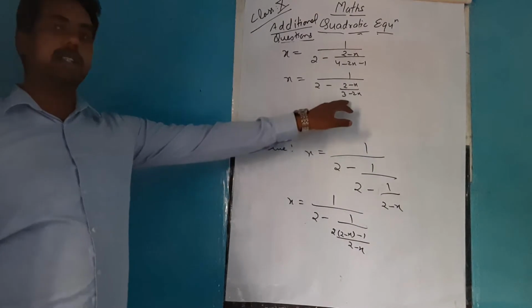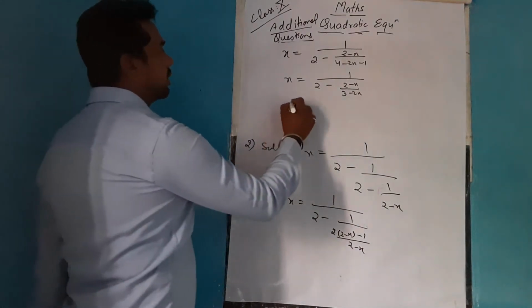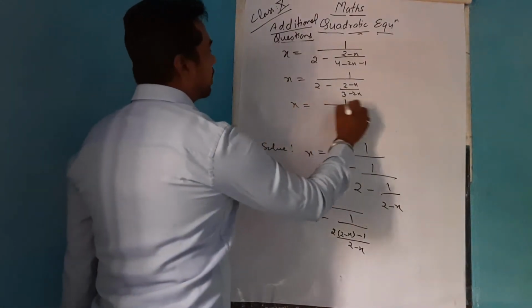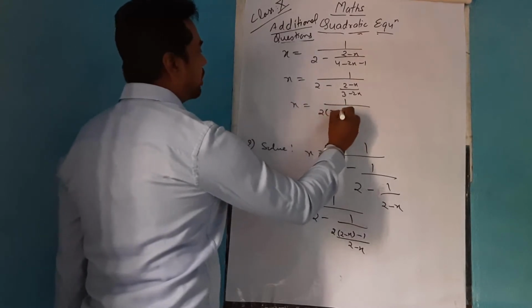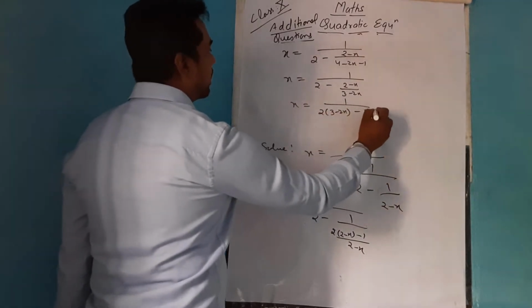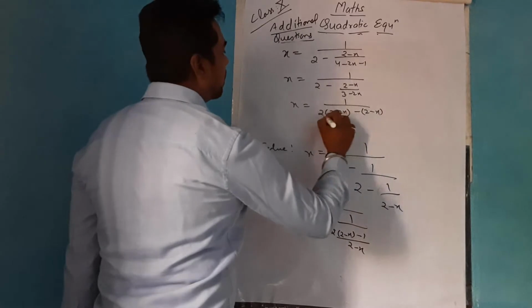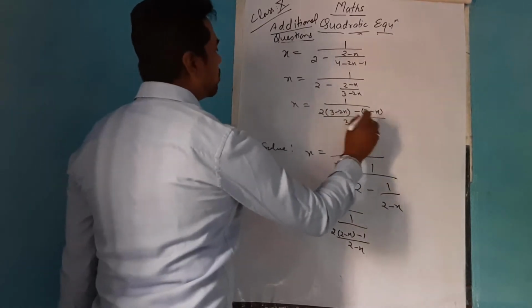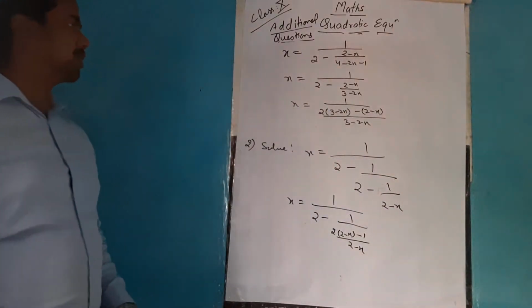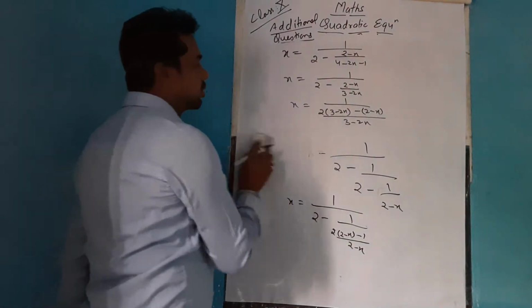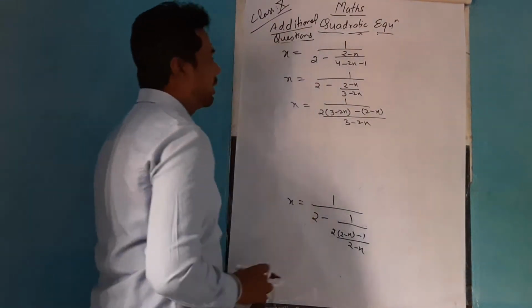Now again we'll take the LCM of this part. So the value of x becomes 1 upon 2 times (3 minus 2x) minus (2 minus x) upon 3 minus 2x. 3 minus 2x was taken as the LCM. Now we'll simplify that part.